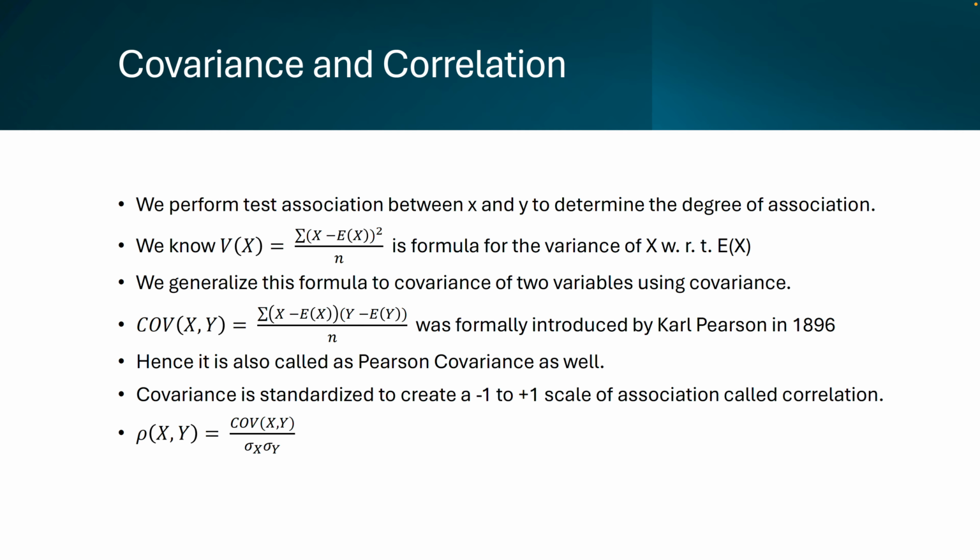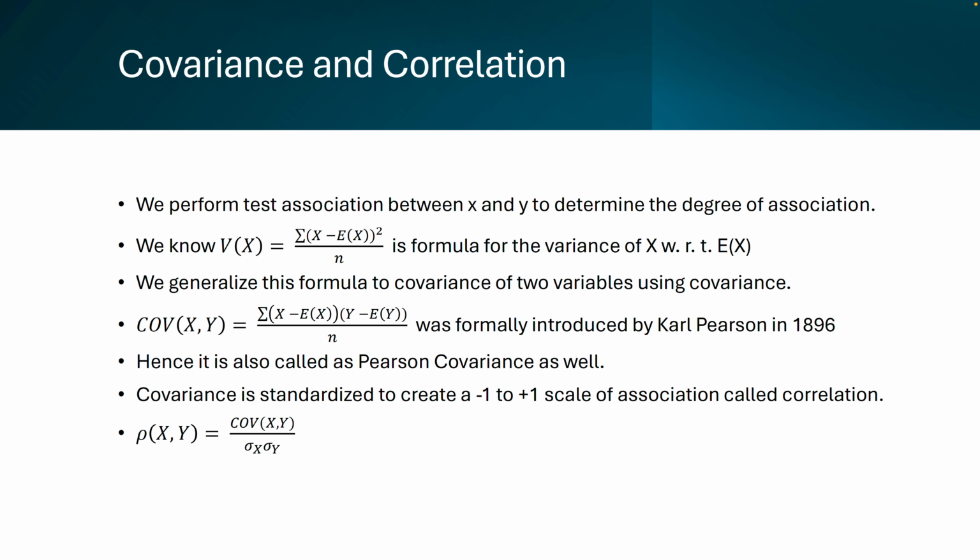The limitation of this covariance is that its value depends upon the values of x and y. So it is difficult for somebody to compare two different sets of association and see to what degree they are associated with their respective independent variables.